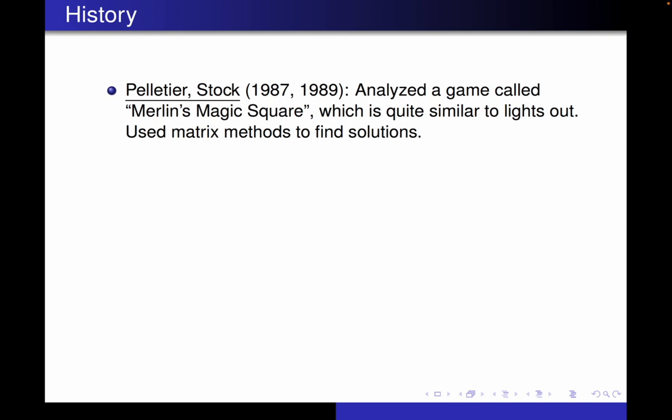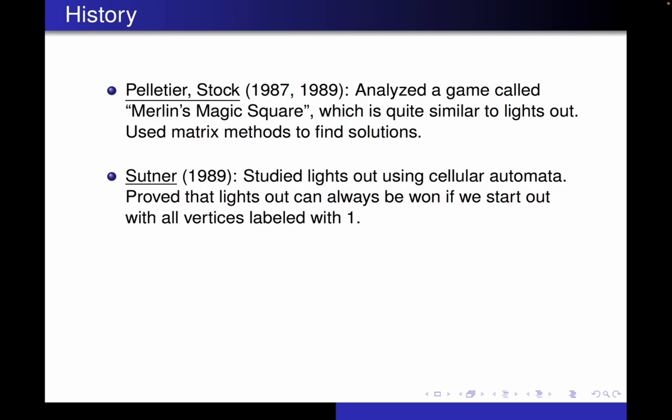Fun fact, I actually played this game when I was a kid, back in the late 70s, early 80s, something like that. It's not exactly Lights Out, but it's very similar. And they use very similar methods to solve it. They use matrix methods, which I'll explain in a couple videos down, to find solutions.